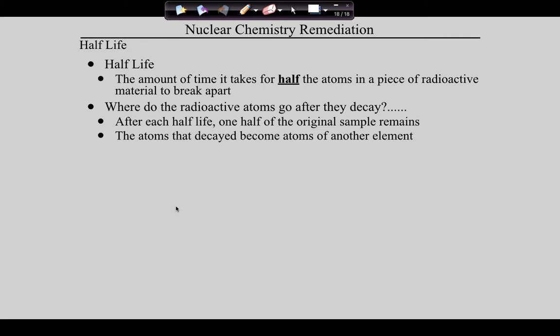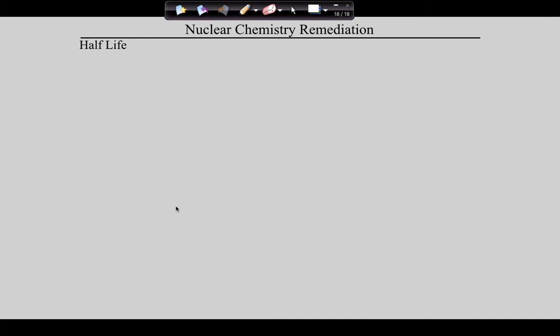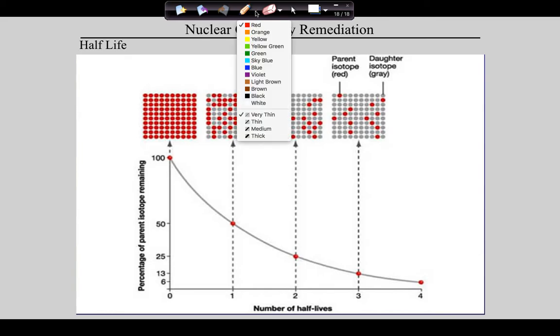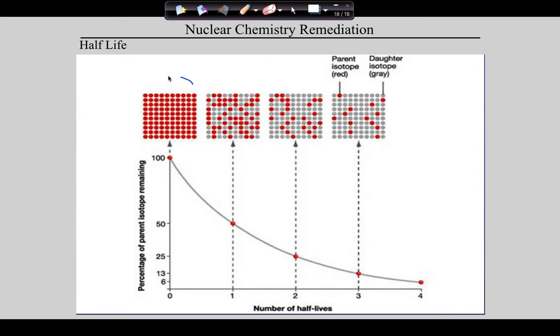So when we take that idea and look at it graphically, it looks like this. The idea is that we are going to look at the decay of whatever this element is that is represented by red circles. And you'll notice that down across the x-axis, we've got the number of half-lives, 1, 2, 3, 4, and so on.